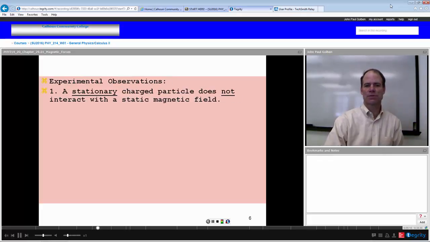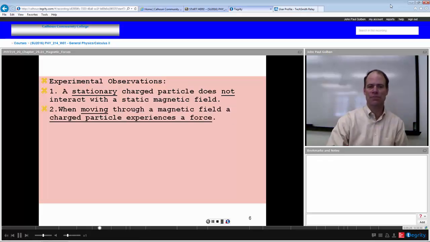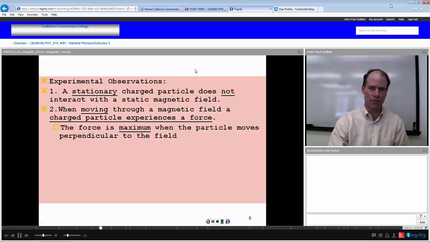Here are some experimental observations. A stationary charged particle does not interact with a static magnetic field. So if it's not moving, nothing will happen. But when moving through a magnetic field, a charged particle will then experience a force.